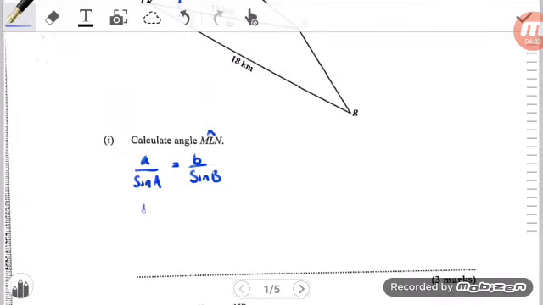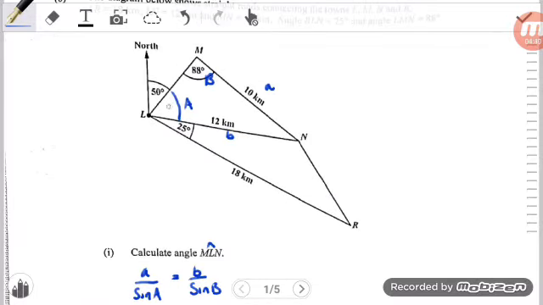That's 10 divided by the sine of the angle facing 10, and that angle is what we want to find. That would be angle MLN, which is what we're trying to find.